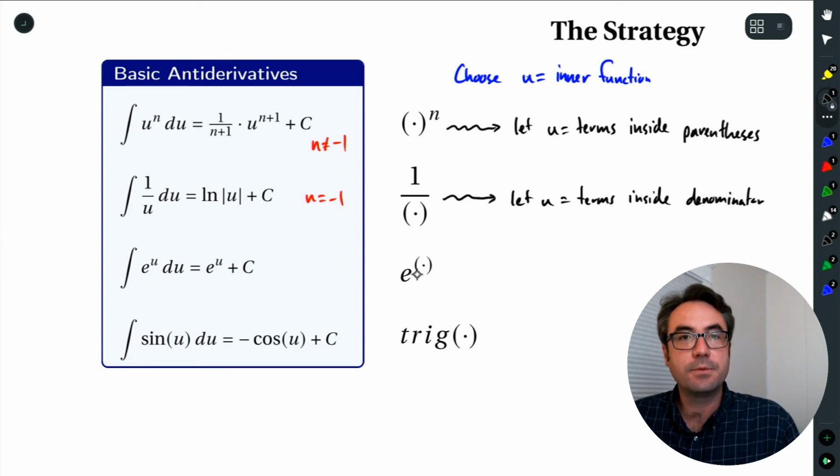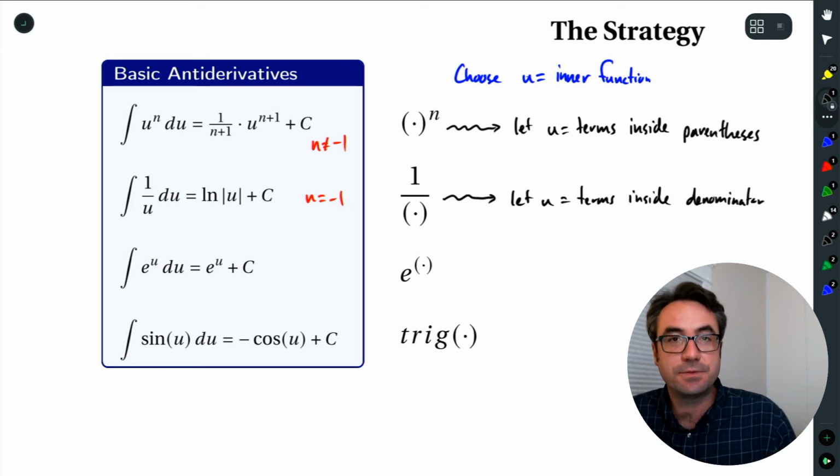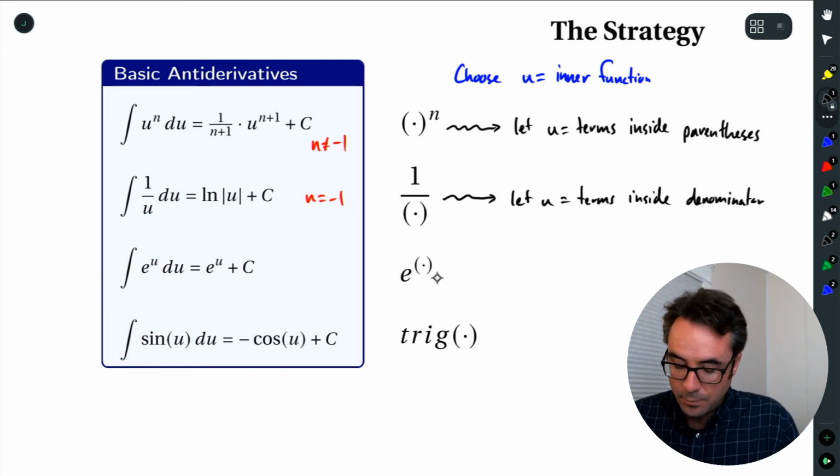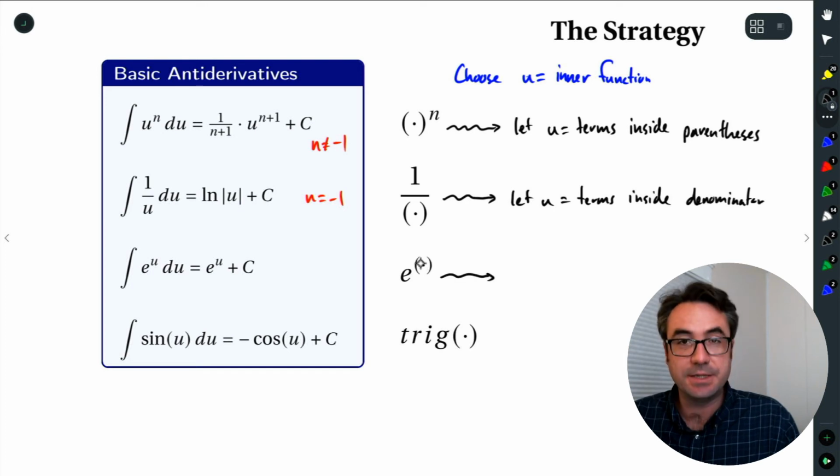And if we're going along and we see an exponential function and the terms in the exponent there, it's not just x, it's a whole bunch of terms. Well, then we're going to let u equal the terms that are inside the exponent.